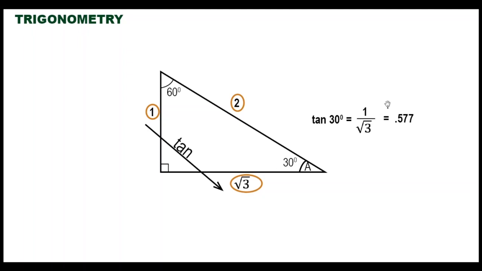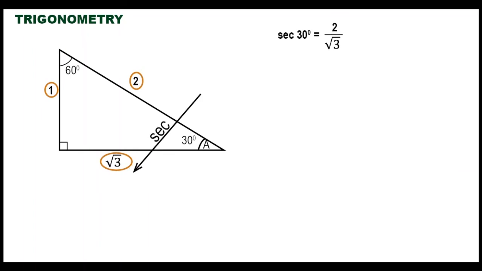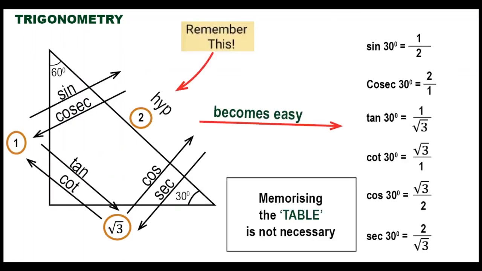How can I place 0.577 here? So that is why we use 1 by root 3. So cot 30 degree is root 3 by 1 and cos 30 degrees is root 3 by 2. Then sec 30 degrees is 2 by root 3.